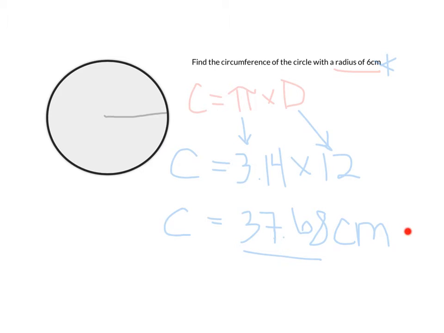And so on the circumference, there is no centimeters squared. It's just centimeters. Whereas on area, area is the same. Area doesn't matter if it's a triangle, a square, a hexagon, a circle. You will need the centimeters squared on the area.